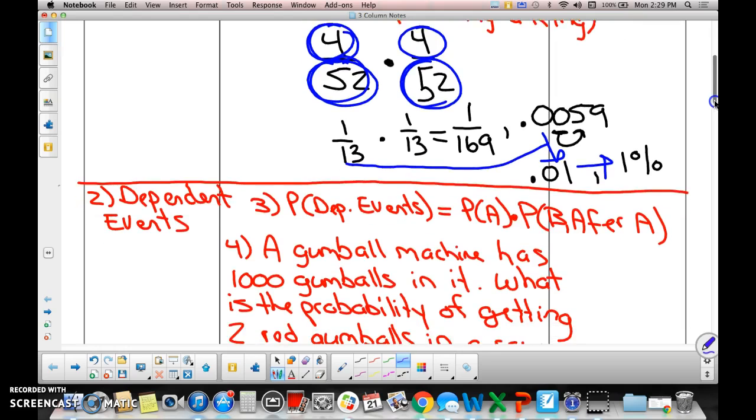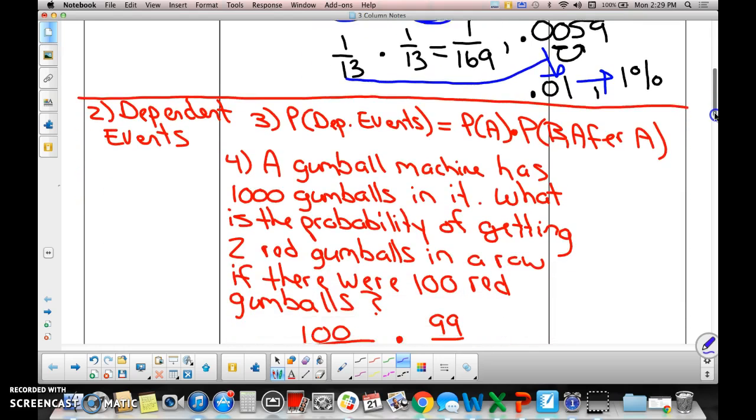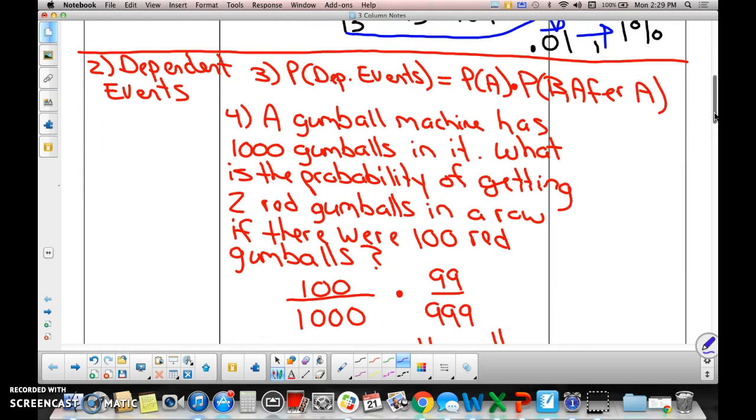Number 2, dependent events. Aiden, what is the formula for calculating dependent events? Probability of A times probability of event B after A. So in dependent events, whatever happened previously affects what happens next, right? Yes. When calculating probability, you have to ask yourself a question if more than one event has taken place.